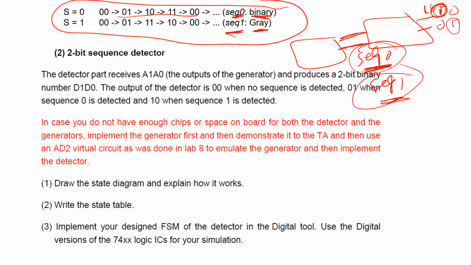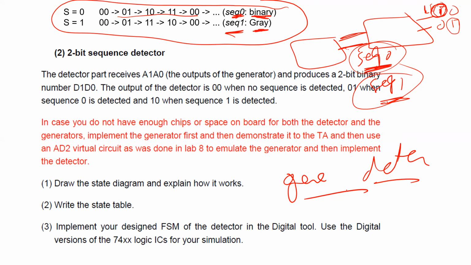My original plan was, number one, if you want to physically implement both the generator and the detector, I'm totally fine. But I am afraid you may not have space on the breadboard, and it's going to be too complicated. And it's not a big deal for education because you already know how to do it.